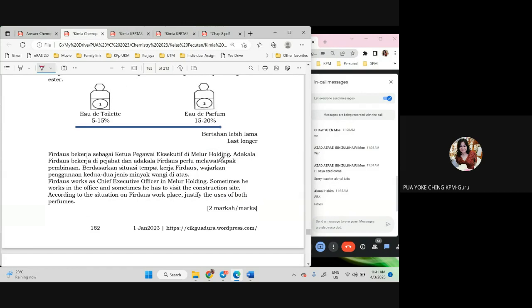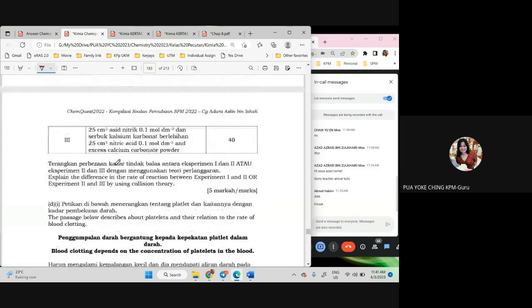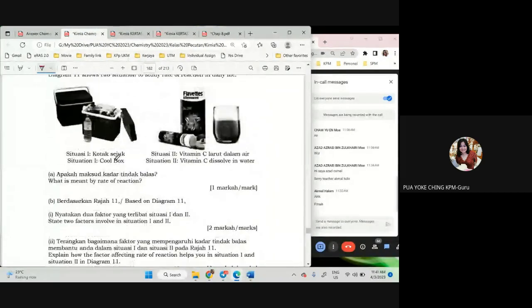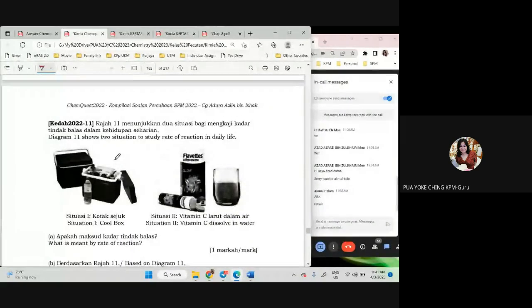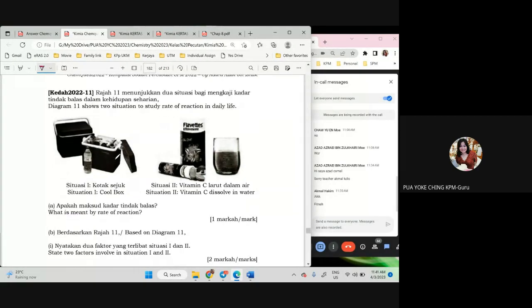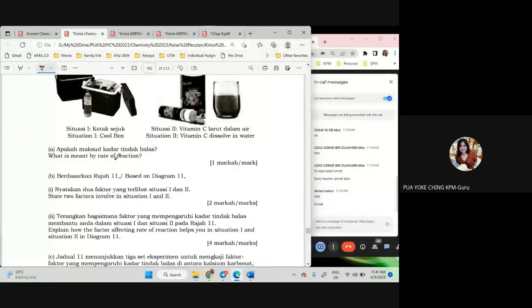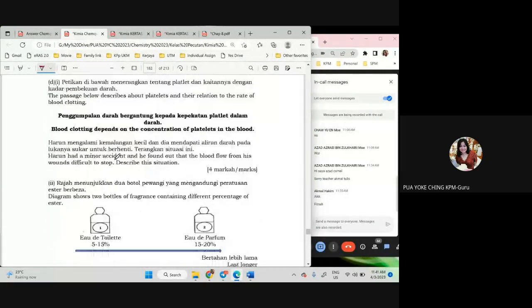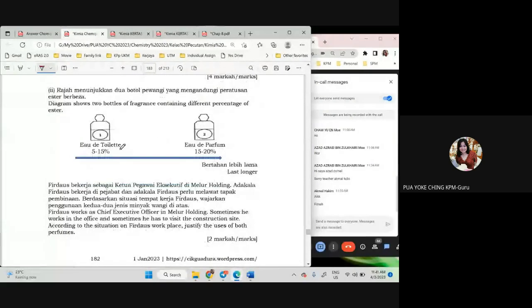Actually, you boleh tengok soalan ni. Saya rasa ni ialah satu soalan yang a bit interesting. Kedah. Okay. Boleh try tengok soalan Kedah ni. Tengok botol pewangi ni.